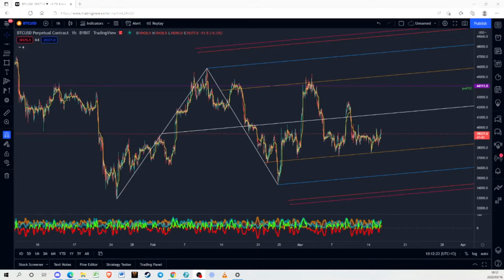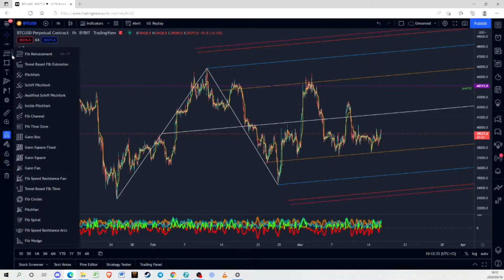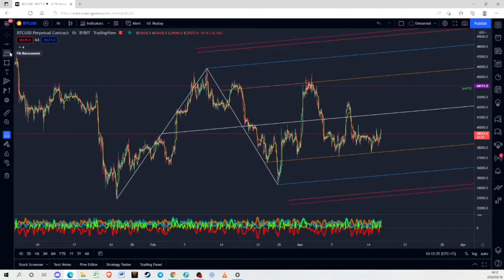First of all, I just wanted to start by showing this fork here that I've been using for a few weeks now, and it's actually held up really nicely. I'm really happy with it, and I've used it as extra confluence for a number of decisions I'm having to make.